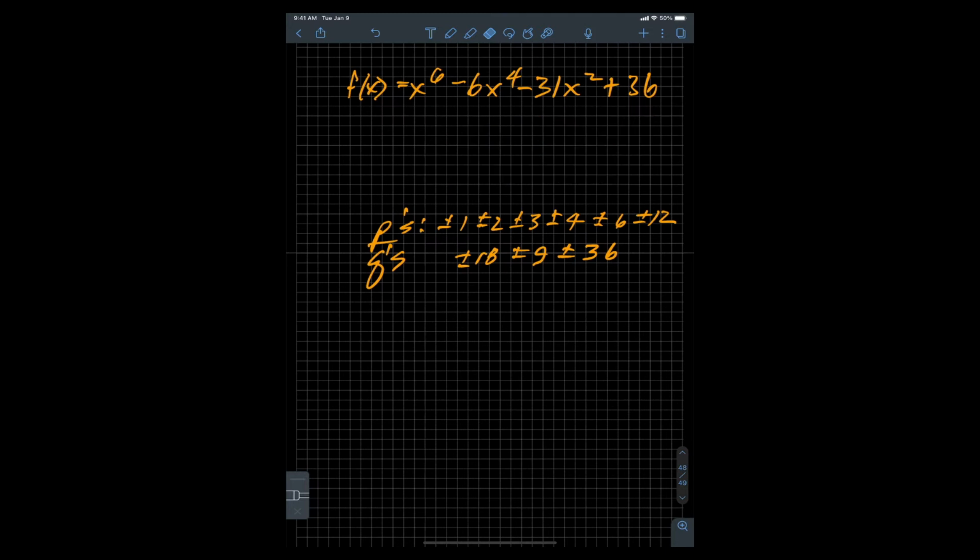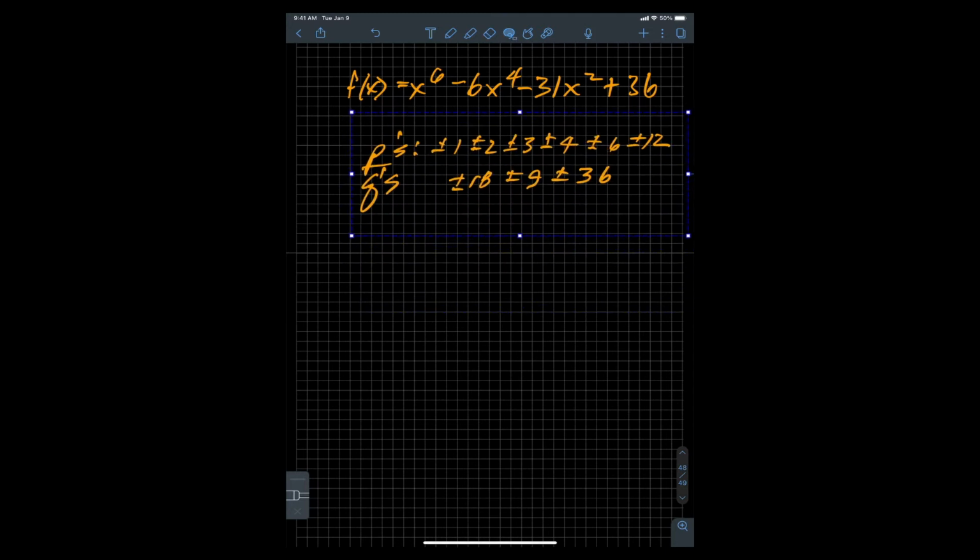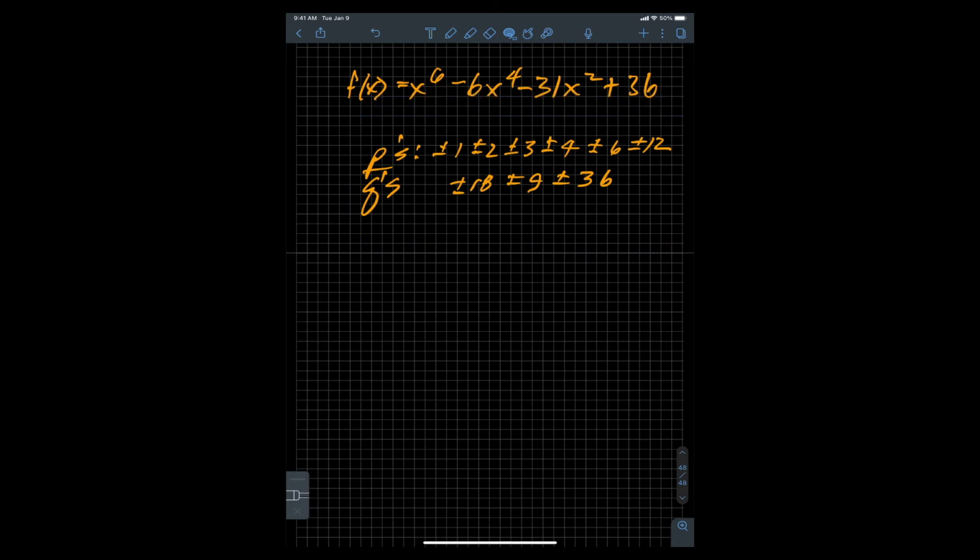So I have to choose from those numbers to start factoring, right? And if I'm looking at this, I don't immediately see something that actually works right off the top of my head.